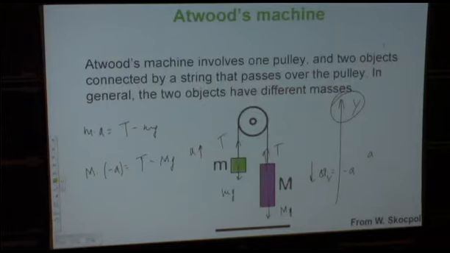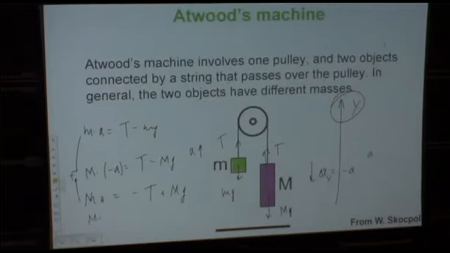The fastest way to solve it is to multiply the second equation by -1. So I just want to change the sign in front of every term. Negative becomes positive, positive becomes negative. And now I can take these two equations and add them all together.